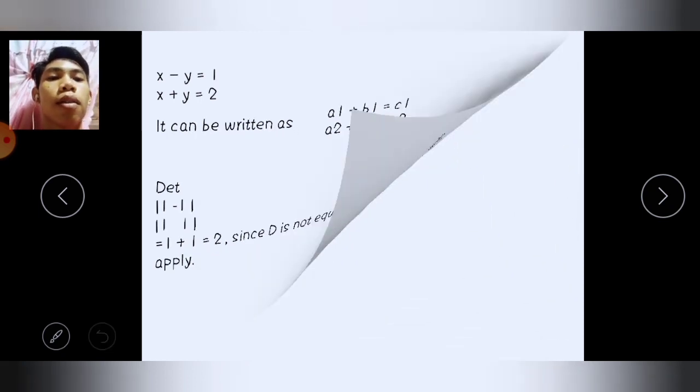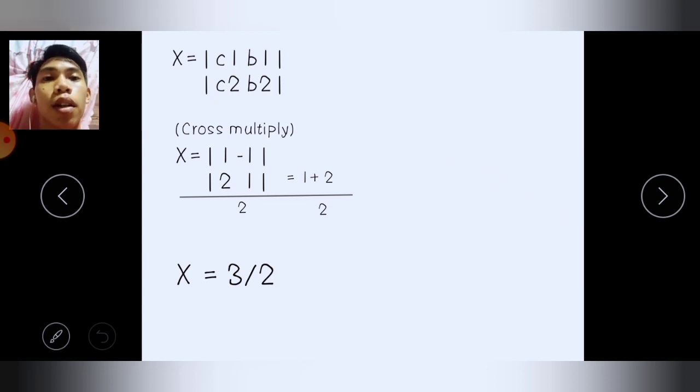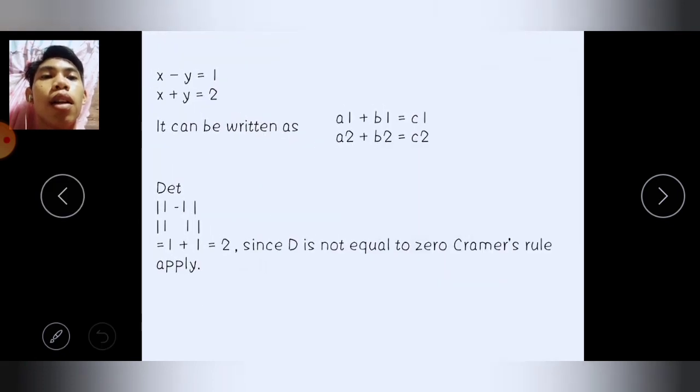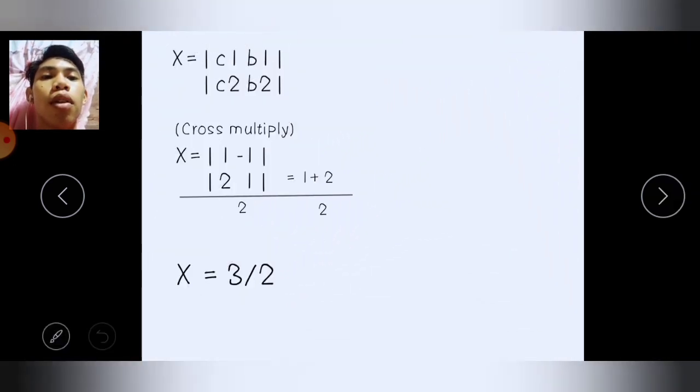So next, in getting x, here's the formula: x is equal to c1 and b1, then c2 and b2. So for ours, c1 is 1, and c2 is 2.